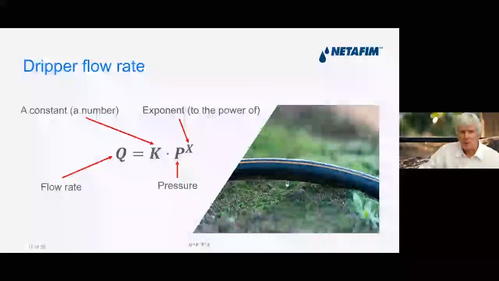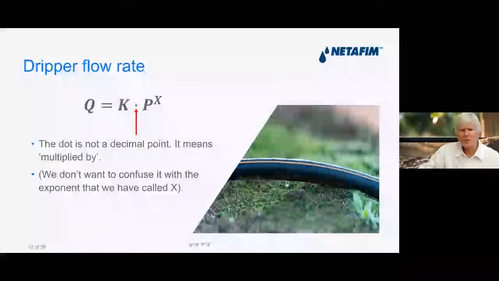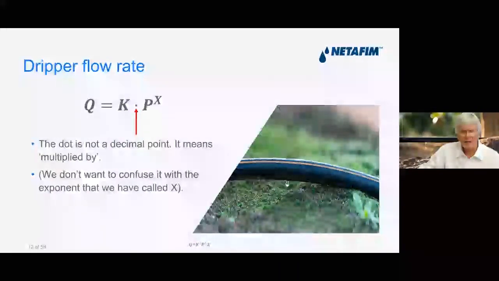P is the pressure, and X is the exponent. Another word for exponent is "to the power of." The dot, when we put a dot there, is not a decimal point. It means multiplied by. If we put a times sign there, you could easily confuse it with the pressure exponent that's also called X.